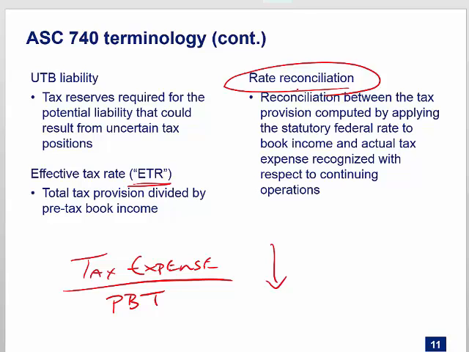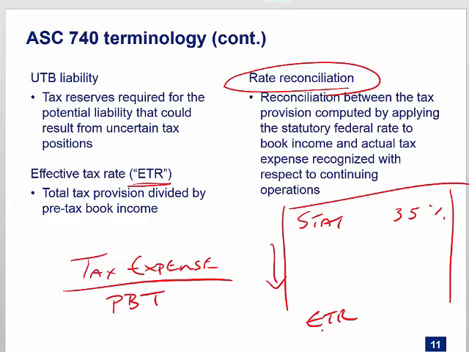And that reconciliation, for a company that is domiciled in the U.S., will take a company's statutory tax rate, we'll call that stat, and it will reconcile to the effective tax rate. So let's say a company's tax rate is 10%.